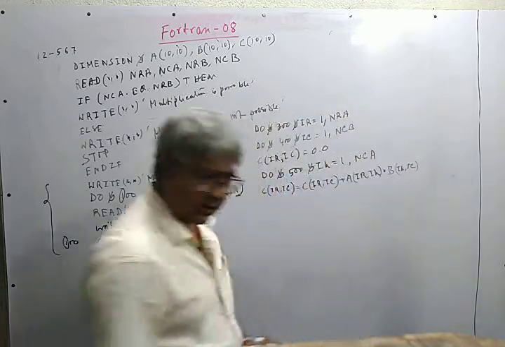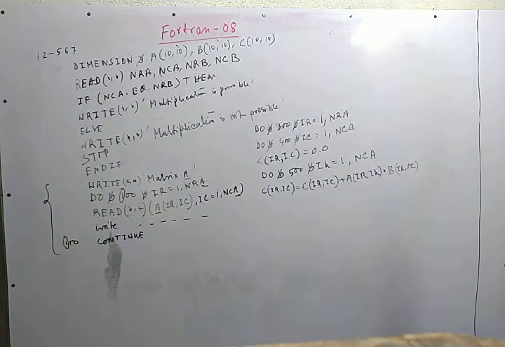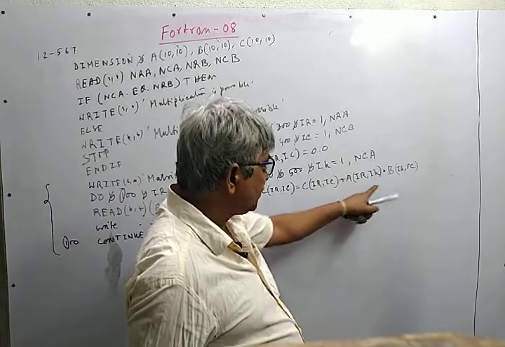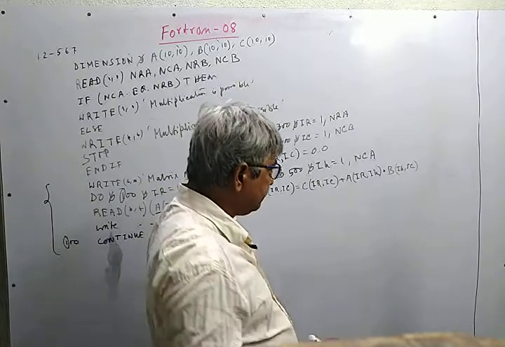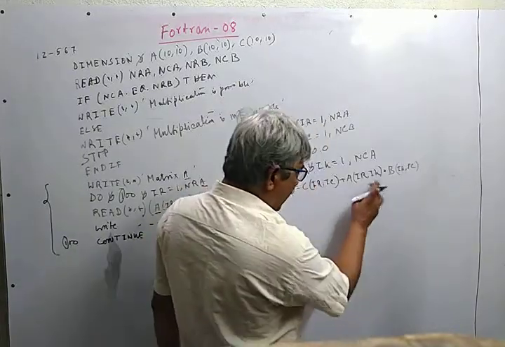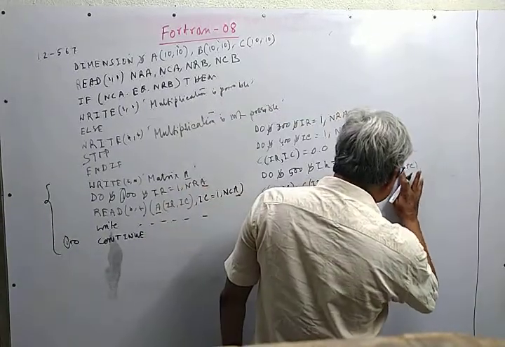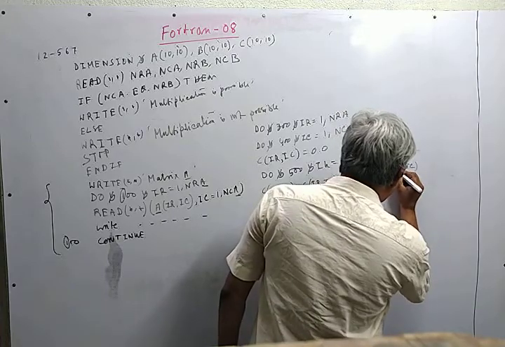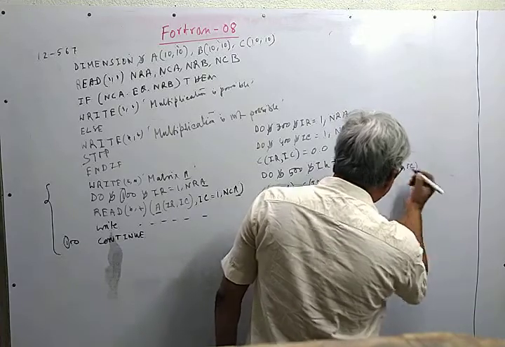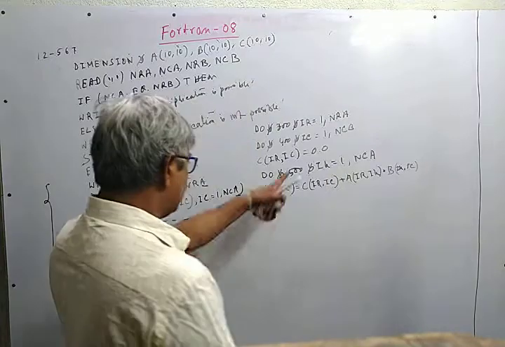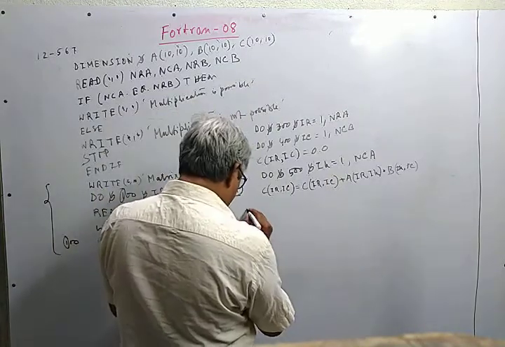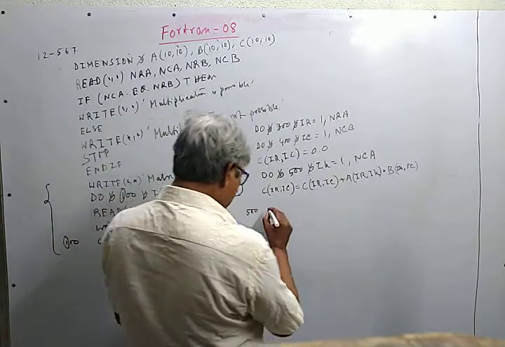Let me check whether the right hand part is visible or not. Yes, it's visible. So thereby we perform the sum. This is A(IR,IK) and this part is B(IK,IC). So this loop has to be completed. So the 500 loop is completed.